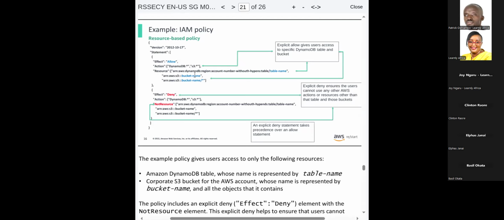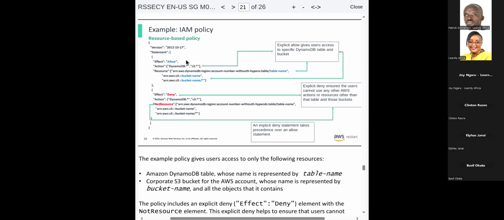For the resources, it can get the region, the account number, with authorization. It can get the table name, right? This is the resource needed. So from DynamoDB, we need the table name. From S3, we need the bucket name.